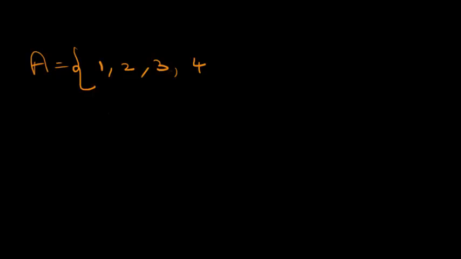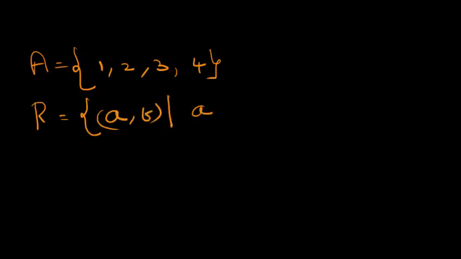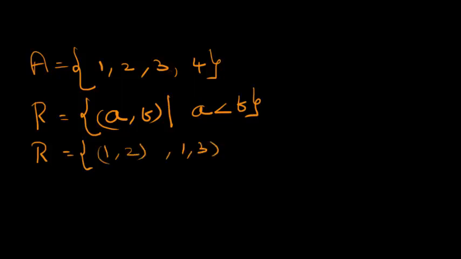Now let's go ahead and understand a transitive relation. Again, I'm going to pick up the same example. Here, I define a relation R of (a, b) such that the first element is lesser than the second element. Let's understand the ordered pairs belonging to this relation: (1, 2), (1, 3), (1, 4).